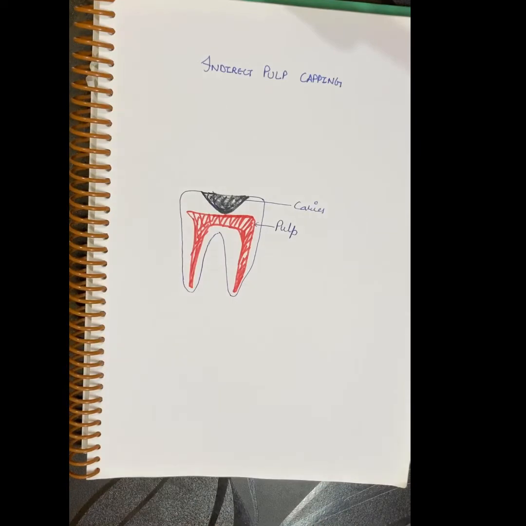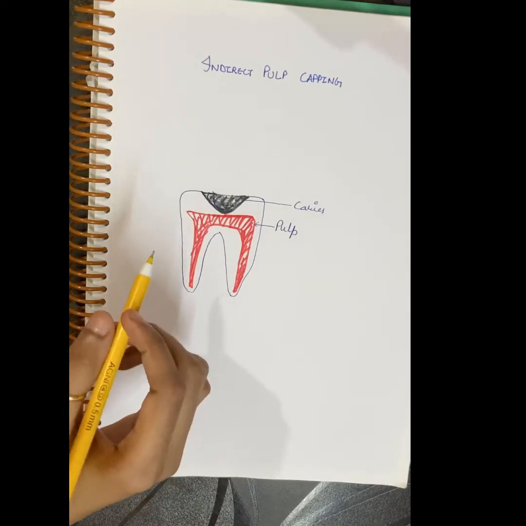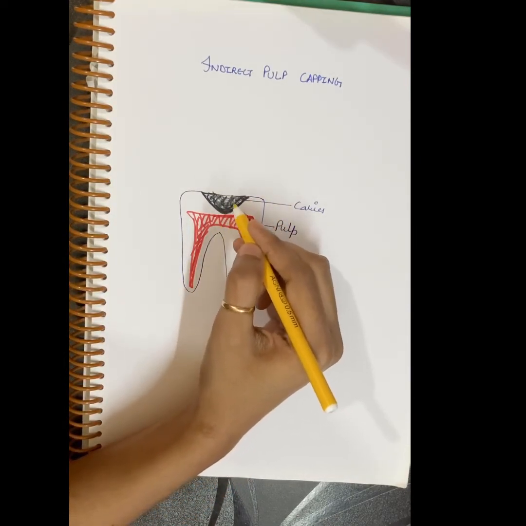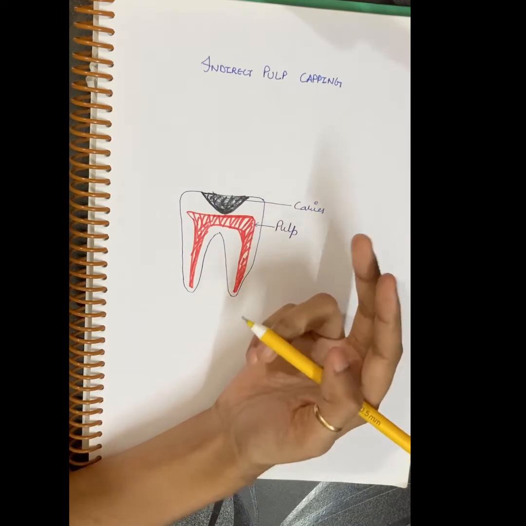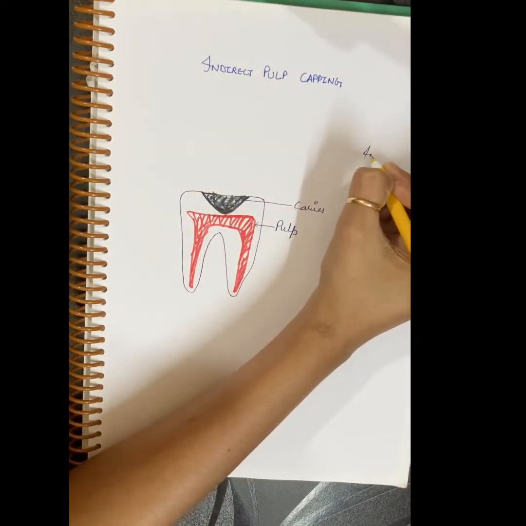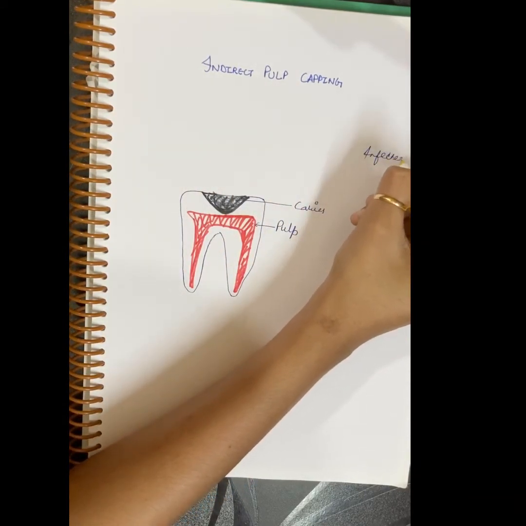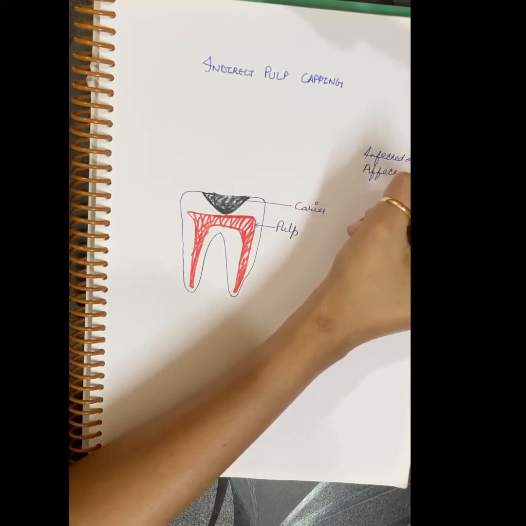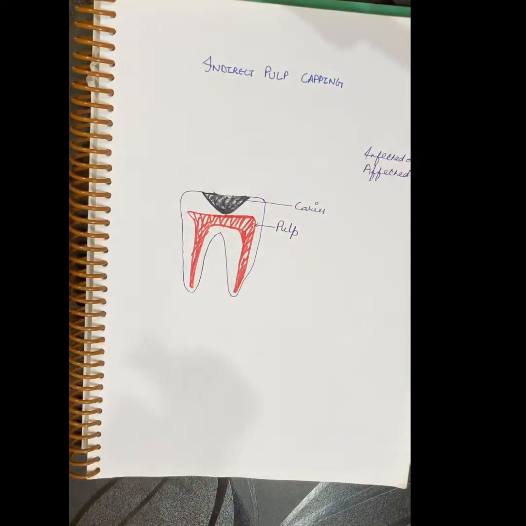Now let me repeat, hope you have understood this, that what we are doing is with the help of a burr we are removing all the infected dentine. Now here come two words, infected dentine and affected dentine. What is infected dentine and what is affected dentine?